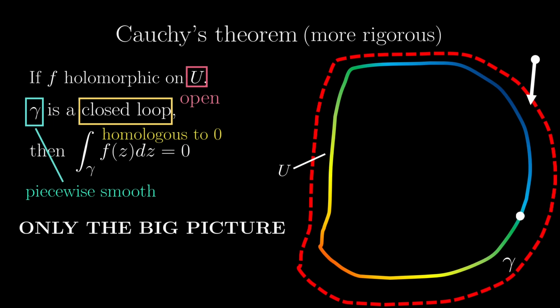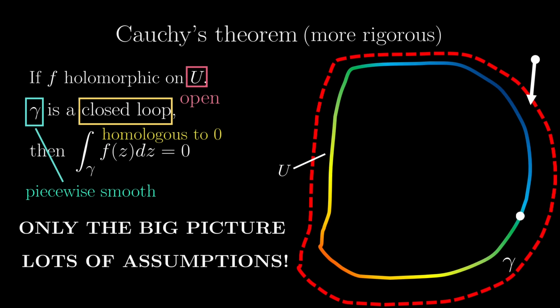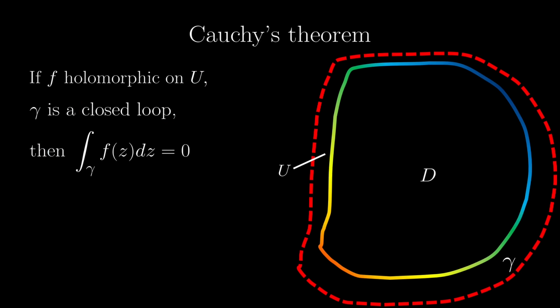Anyway, the point is that the derivation is only the big picture, and I have swept a lot of assumptions under the rug. Still, it is very important to see the big picture first and care about those little details later. But why is this theorem so important? It feels like this trivializes complex analysis because the integral is always 0.